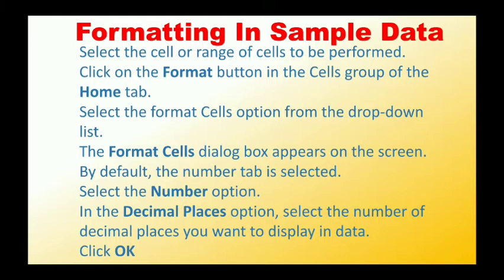This will be applied on the complete range of cells or on the particular cell on which we are applying the formatting option. After that, click OK. These are the steps to format decimal places in our sample data.